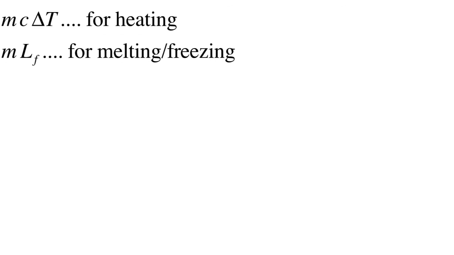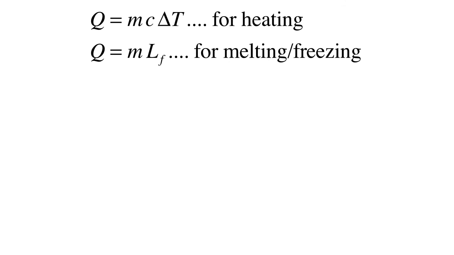All right, here we go. So here are the two equations that we're going to use. The first one, Q, tells you the amount of energy. Q is a symbol for thermal energy. Q equals MC delta T. What is that? M is the mass of your sample that you're heating up or cooling, C is the specific heat, and delta T is how many kelvins you are raising the temperature.